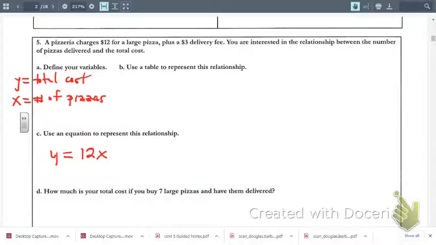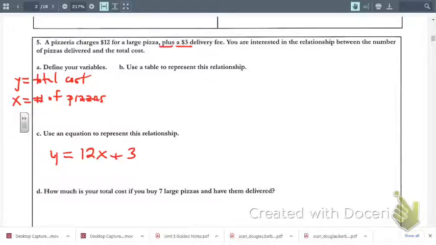But there's also a $3 delivery fee. That's kind of an added-on charge. It's $3 no matter if you buy one pizza, two pizzas, three pizzas. So that's just going to be our constant. So we're going to add that on at the end. So 12x plus 3. So that's going to be the total cost that you're going to owe.